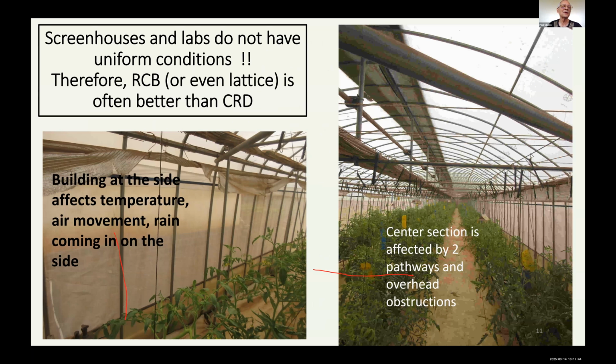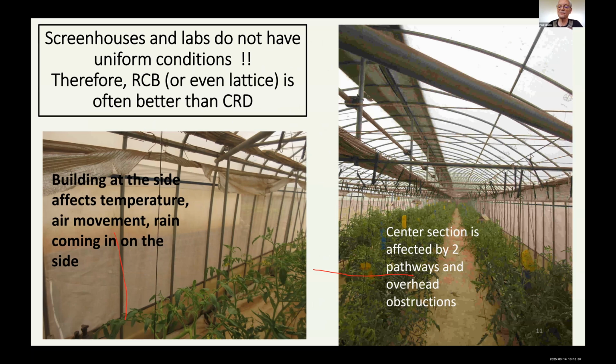And contrary to common thinking, screenhouses and labs do not provide uniform conditions. Therefore, often RCB or even lattice is better than CRD. Here, the building on the side and the winds coming in the side affect things.